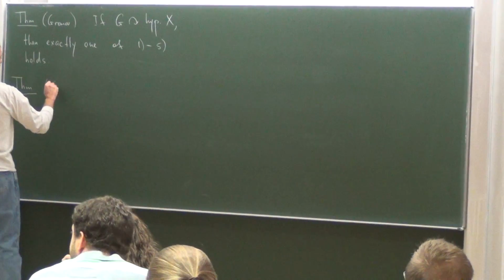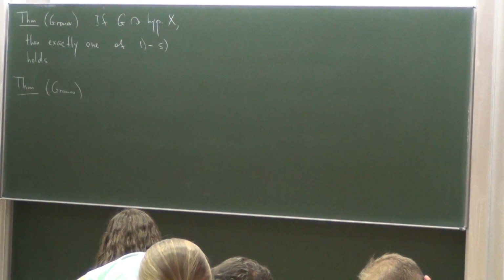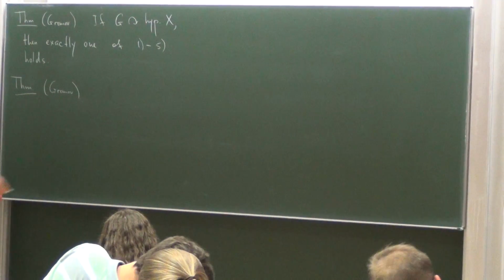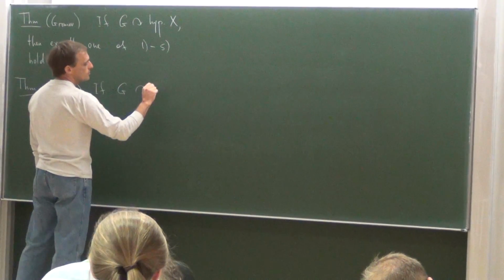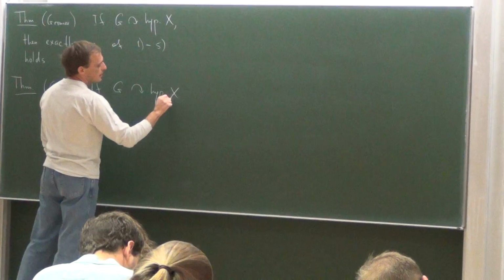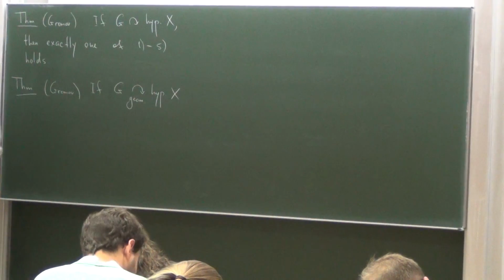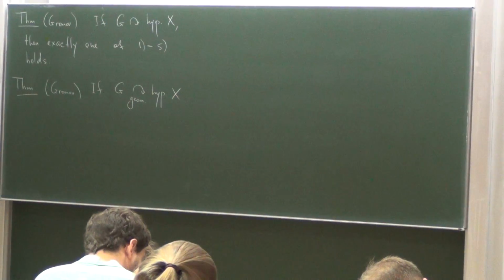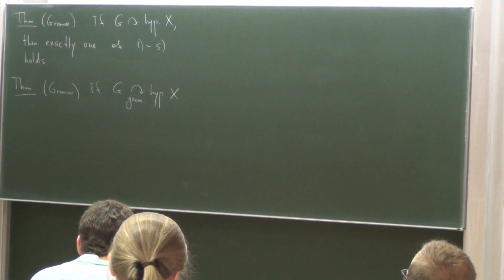So the second theorem by Gromov classifies geometric actions. So if G acts on a hyperbolic space X and the action is geometric, so geometric is proper and co-compact, or proper and co-bounded, which is not important for us.